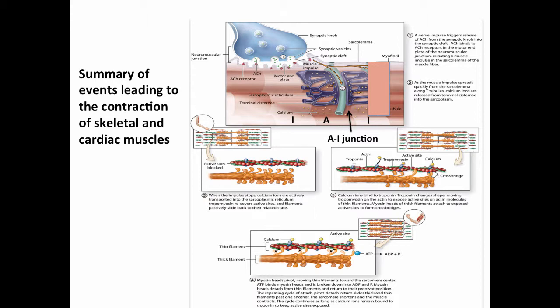When the neural impulse travels down the T-tubule, it opens up voltage-gated calcium channels in these terminal cisternae, releasing large amounts of calcium.